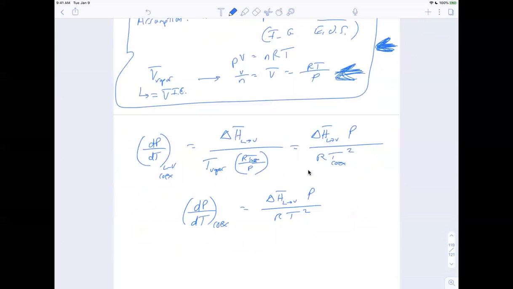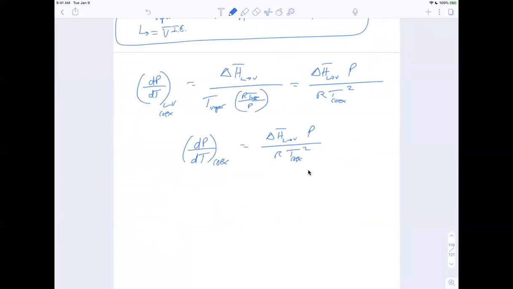Okay, so I'm going to drop this coexistence, I'll keep it for a moment. So we know that the pressures and the temperatures that we're interested in are all going to be along the coexistence. So I'm just going to drop these subscripts coexistence because these describe the line. So this expression describes the relationship between pressure and temperature along the coexistence line.